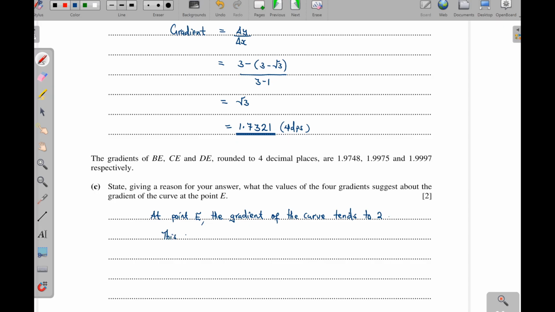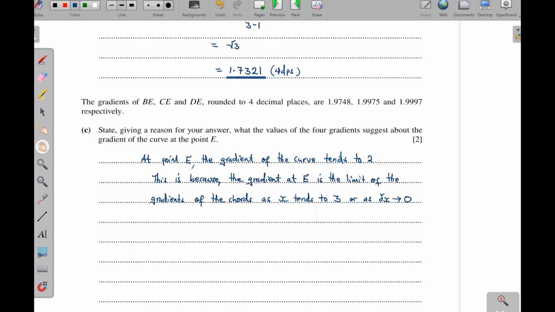Then I can say this is because the gradient at E is the limit of the gradients of the chords as x tends to 3, or as delta x tends to 0.